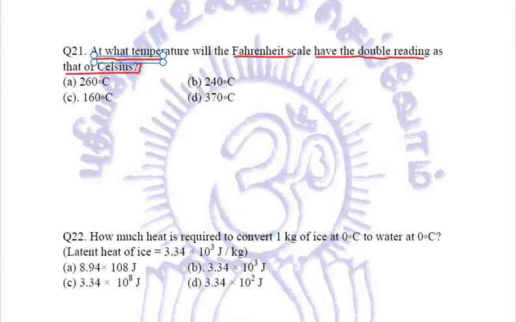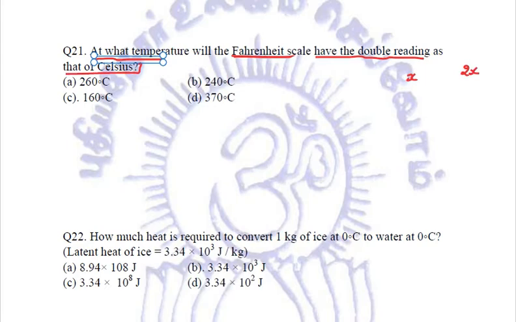Here we are asking that the temperature on the Fahrenheit scale is double that on the Celsius. So if the temperature on the Celsius scale is X, then the temperature on the Fahrenheit scale will be 2X. Rest all is the same.